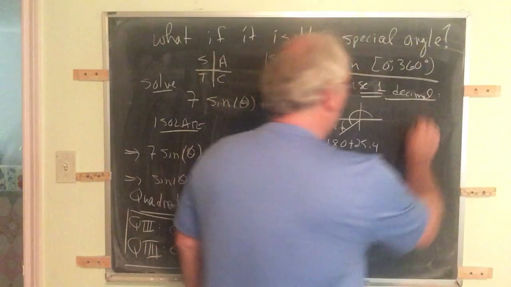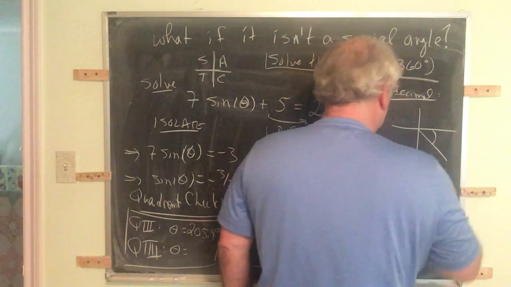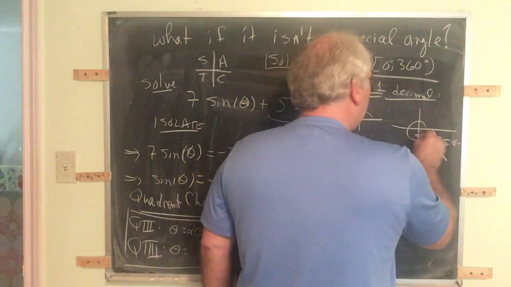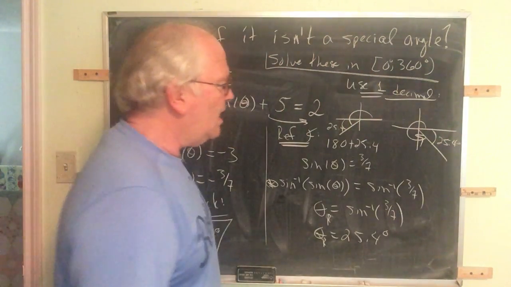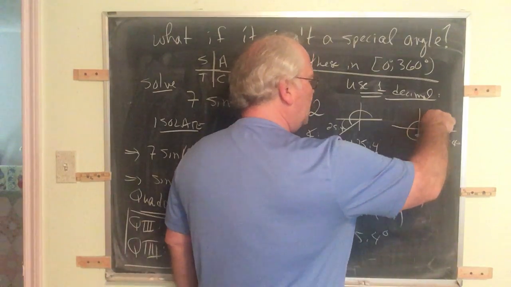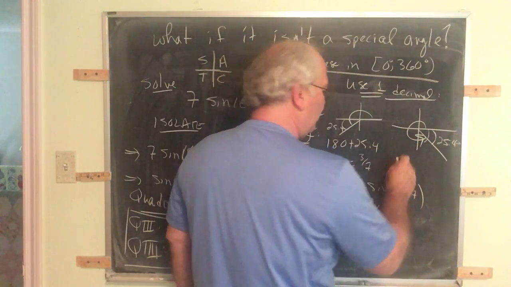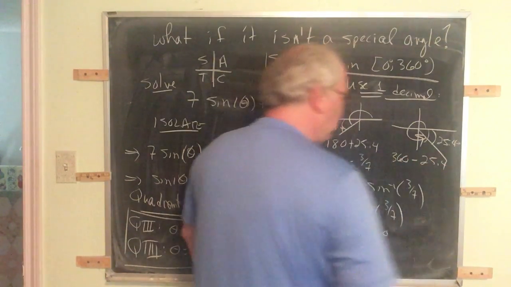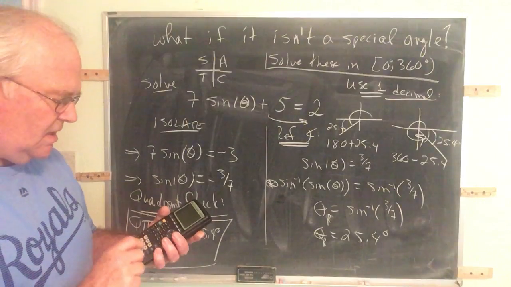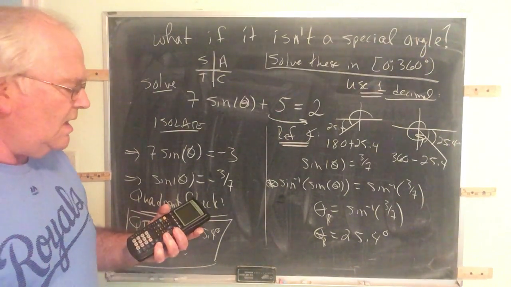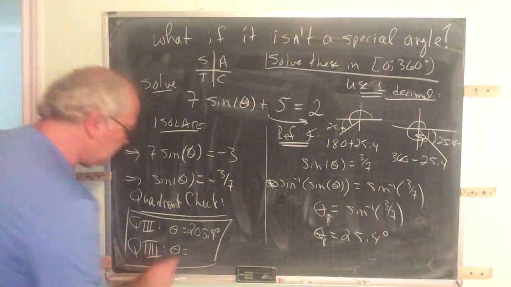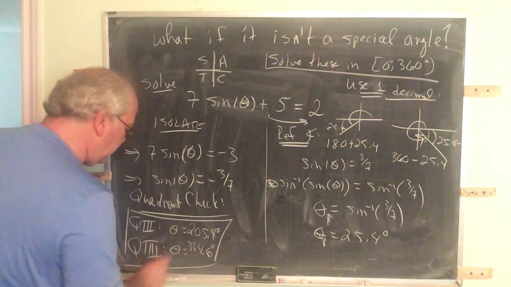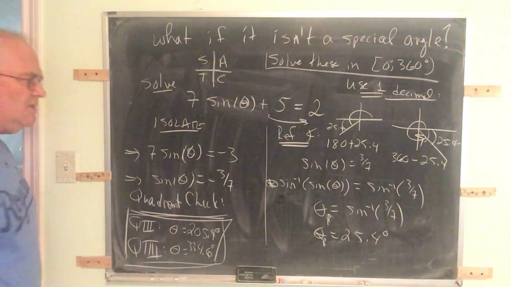And then quadrant 4. There's the reference angle, 25.4 degrees, and there's theta, what we're looking for. That is one complete revolution, but you subtract off the 25.4. This is 360 minus 25.4, and I have 334.6 degrees. Make sure you put degrees, and those are my two solutions.